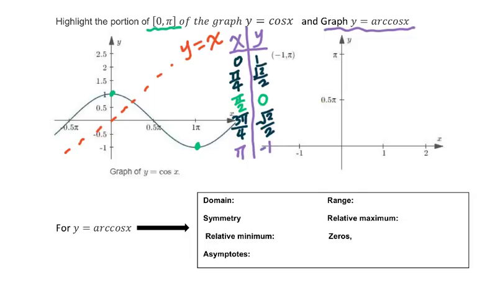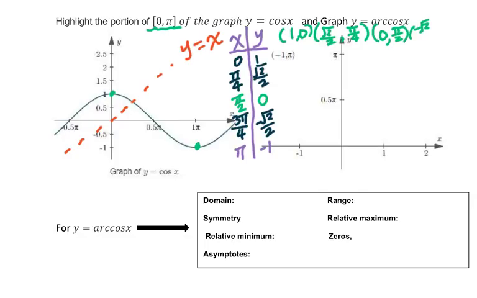We can get the following coordinates by switching the x and y value. We got 1, 0. Square root of 2 over 2, pi over 4. 0, pi over 2.